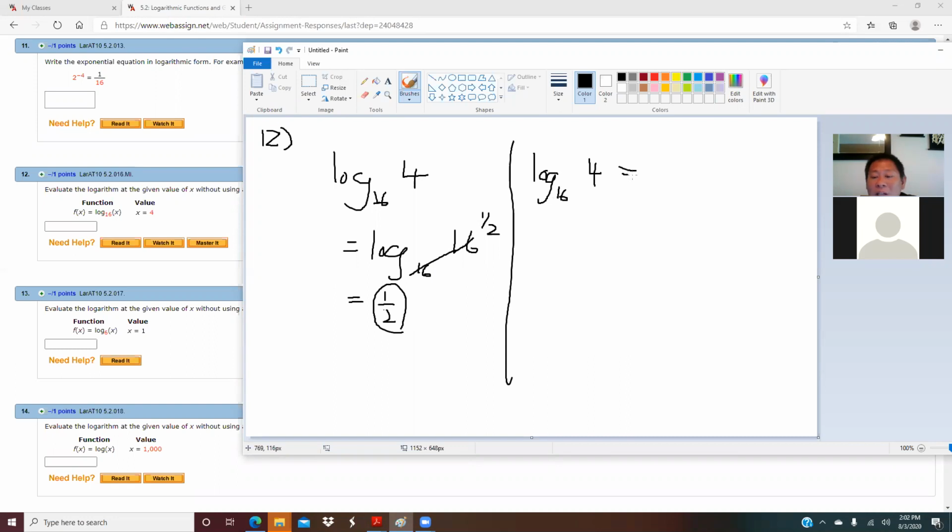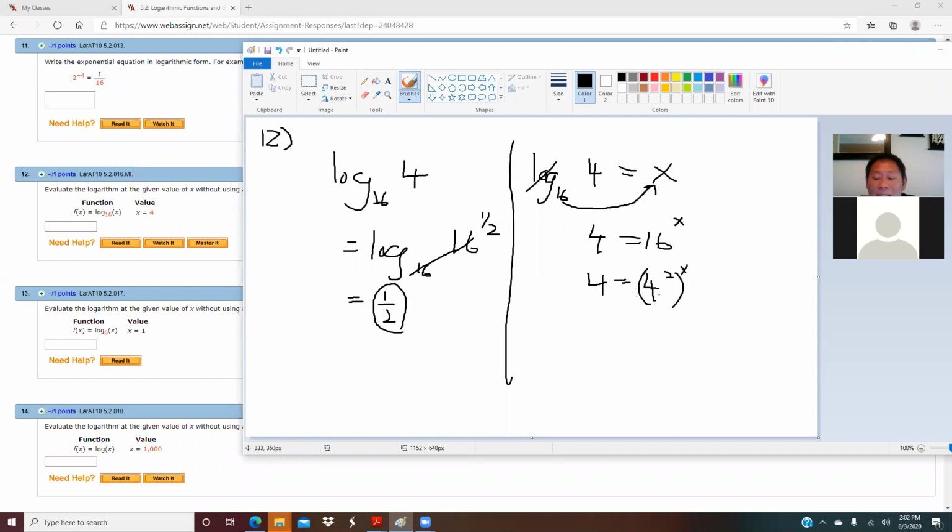And you just make this equals x. What you need to do here is you move the base, like we just did, we move the 16 over. So 4 in this case is 16 to the power of x. And as Elijah told me, 16 is 4 squared, which is correct. So 4 equals 4 squared to the power of x.